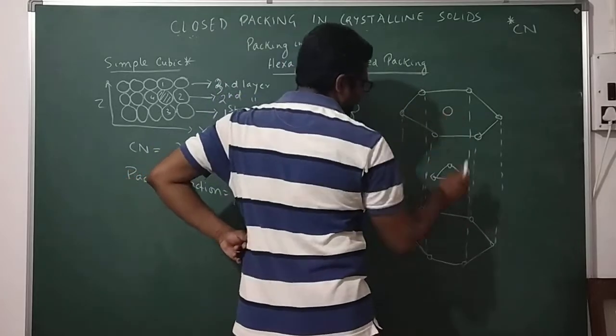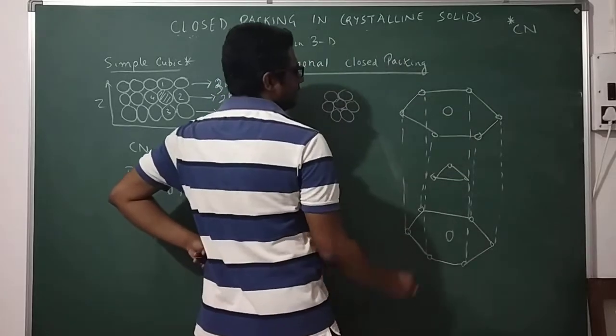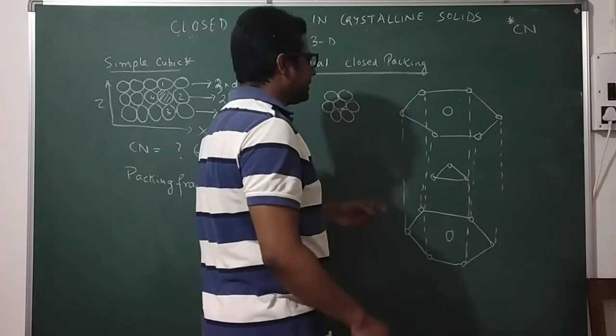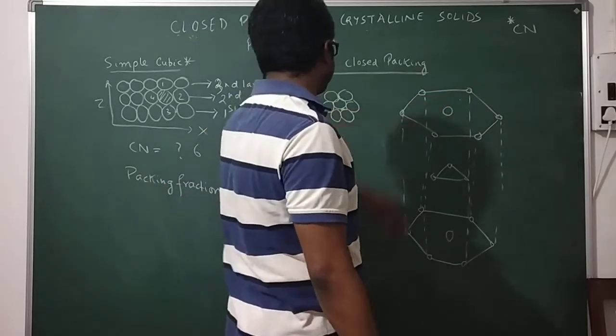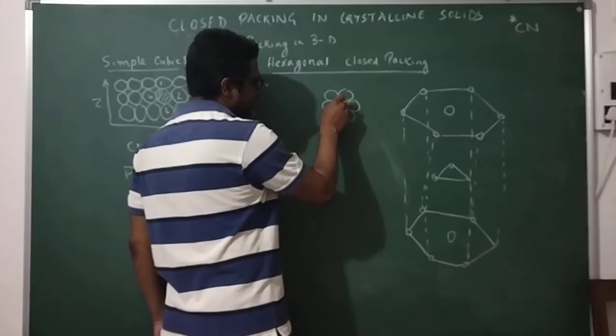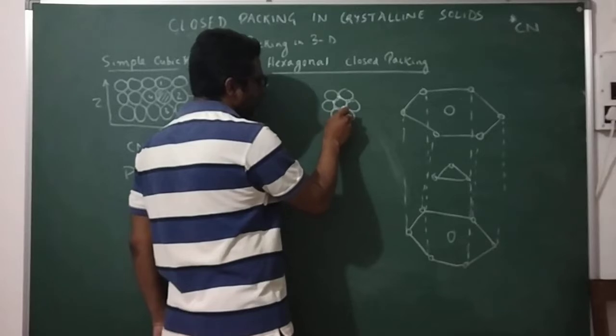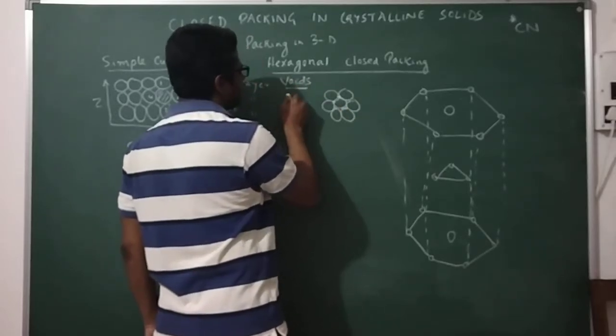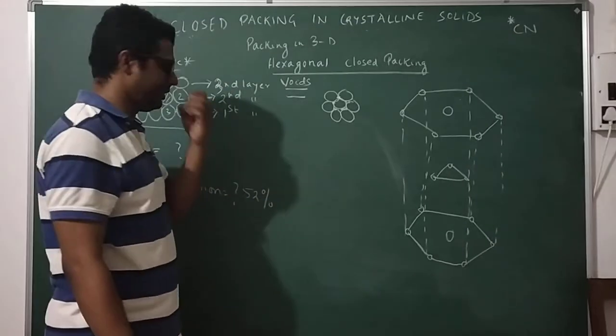So here also there is one atom. So this 3 is placed in between the crevices created in between these atoms. So here if you see, there are crevices created over here, right? These crevices are called voids. Okay.